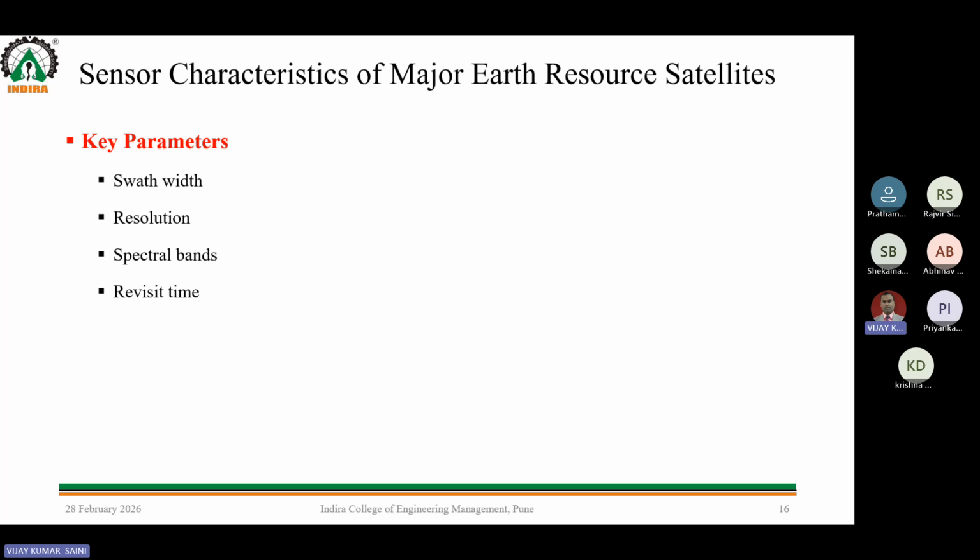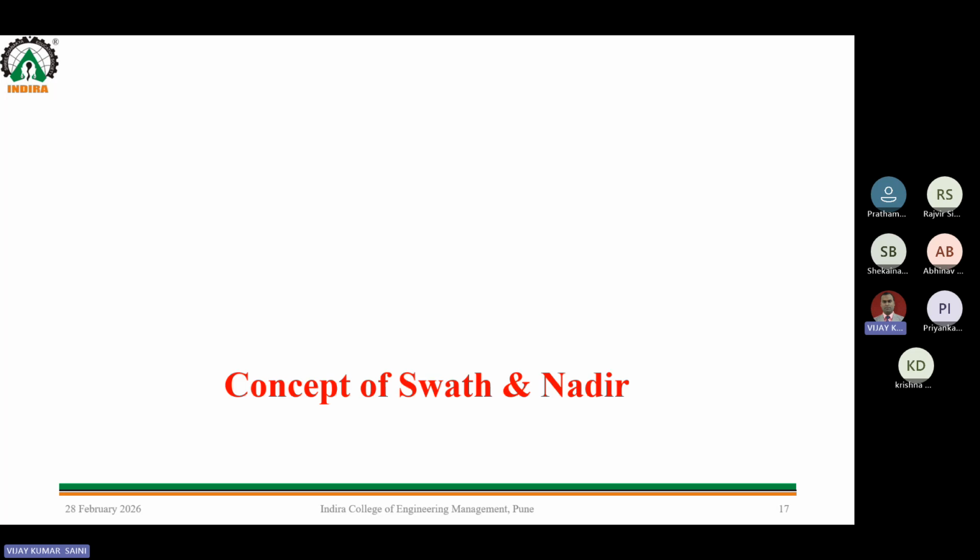We'll be studying what exactly happens with these parameters, because when you are grabbing the data, some concepts come into the picture, right? So some concepts we need to study. The concepts of swath and nadir come into the picture, and as you have seen, they were asked multiple times in exams.